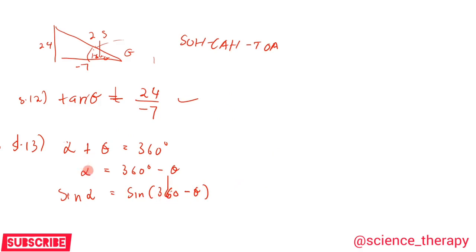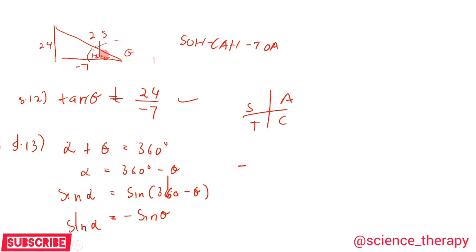If you still remember your CAST diagram, we know that sine in the 4th quadrant is negative. So here we have negative sine theta. So in other words, our sine alpha is equal to negative sine theta.